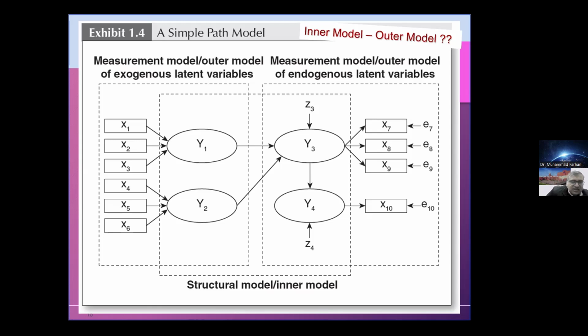Today we will not discuss this, so you can omit that. If you closely see, you are able to understand that there are different types of models here. One is the measurement model, and the other is the structural model.